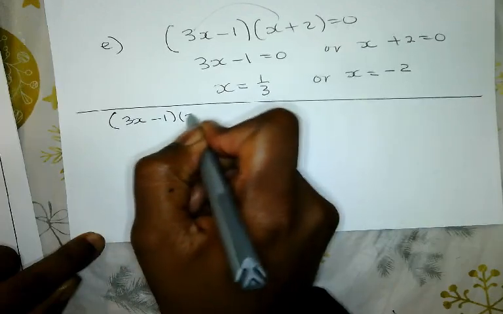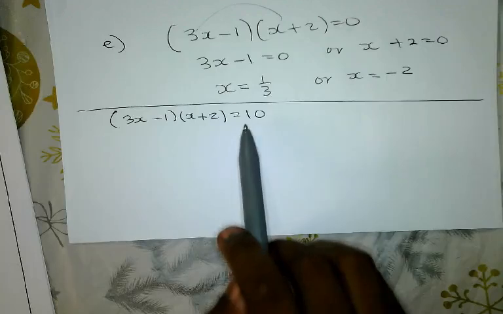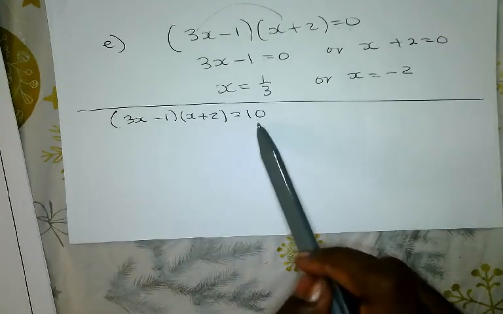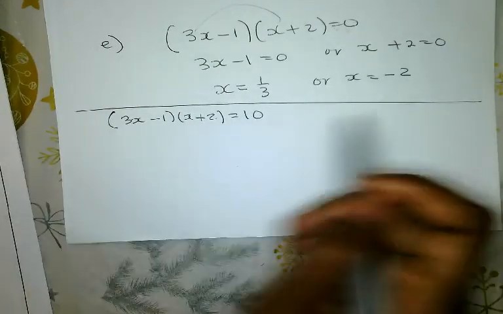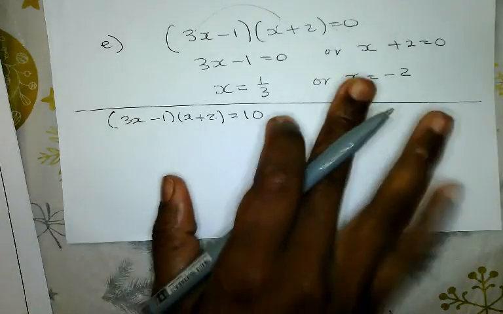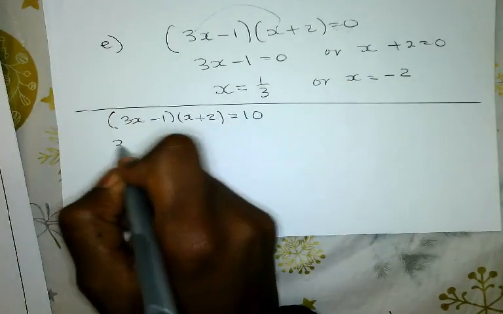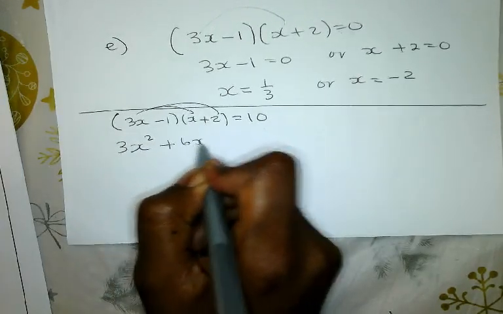10. So now, it's equal to 10. It's not equal to 0. So if it's this case, I need to solve the question and get the 10 over this side, make it equal to 0, and then that's when I can factorize. So I'm going to have this squared plus 6x minus x minus 2.